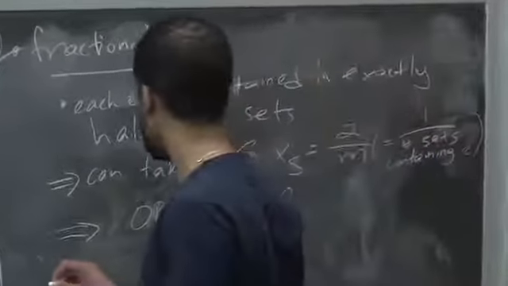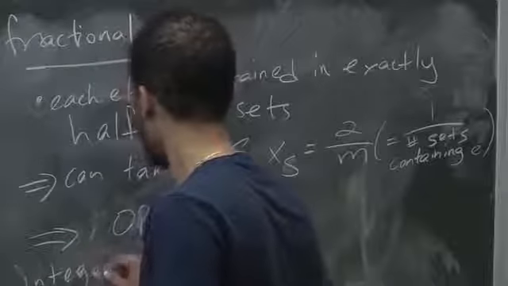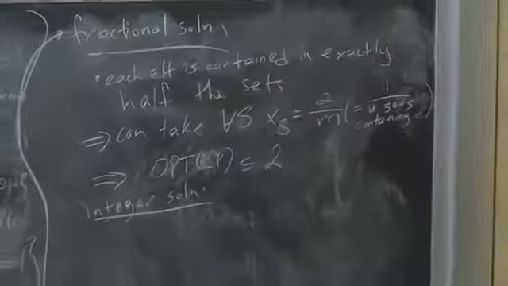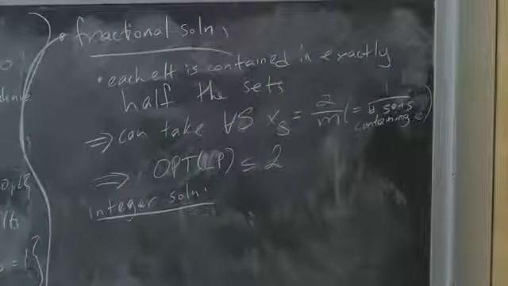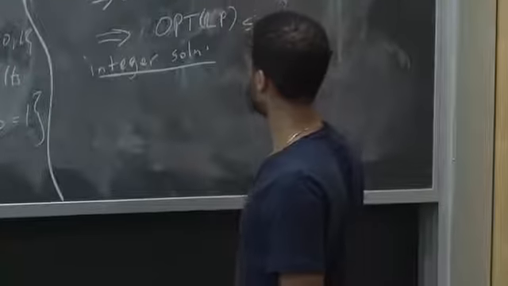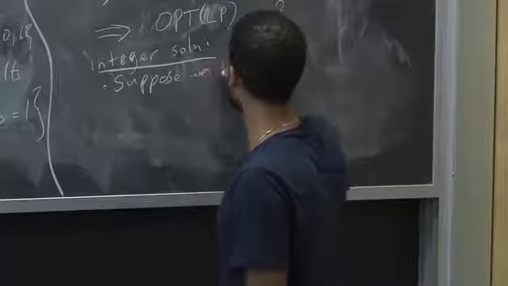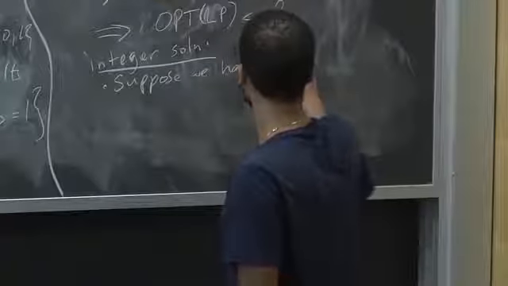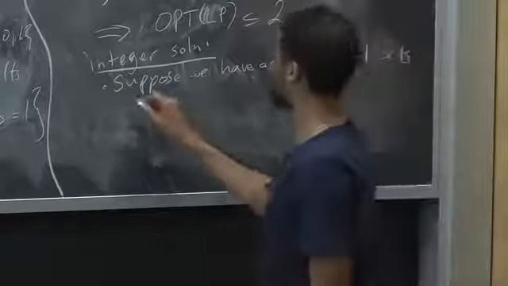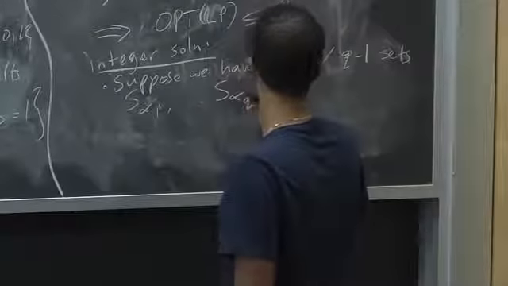Okay, so good. Meanwhile, for the integer solution, it's going to follow from linear algebra. Suppose we have a solution with q minus 1 sets, S alpha 1 up to S alpha q minus 1.